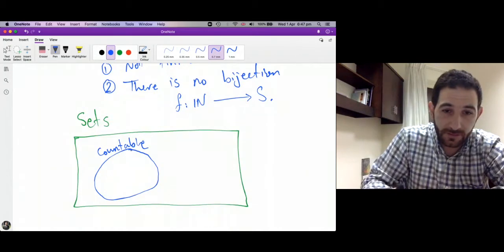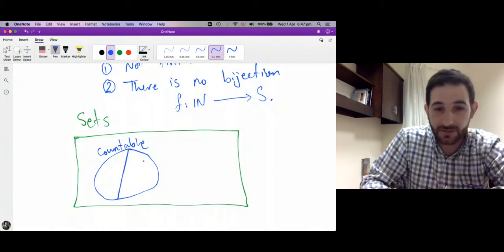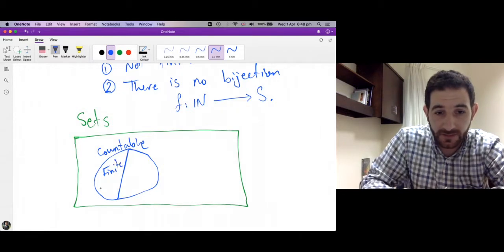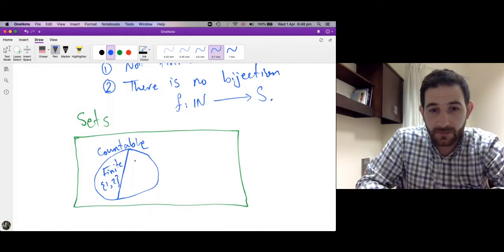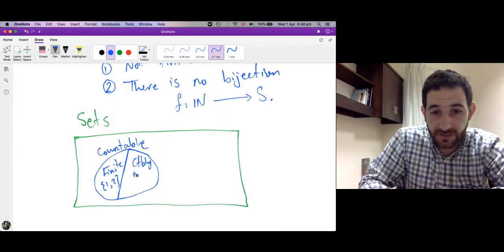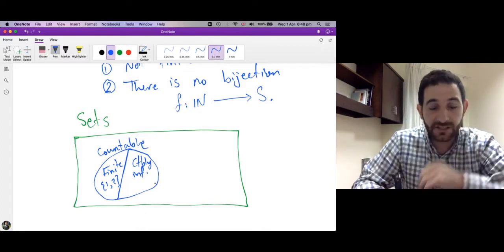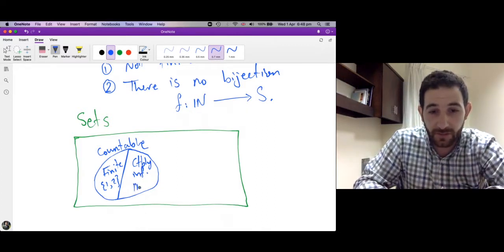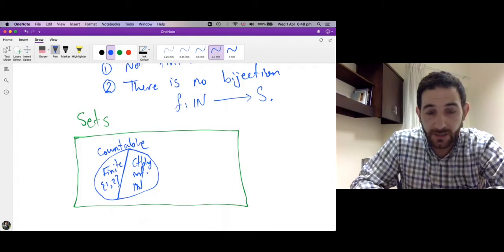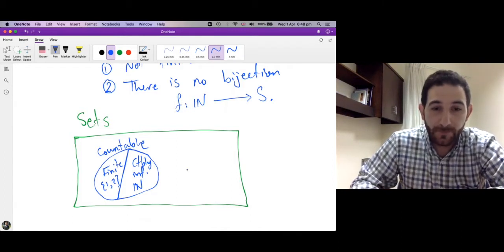So here the countable sets are divided into two parts: the finite sets, for example the set containing 1 and 2, and the countably infinite sets, which are sets that have a bijection with the natural numbers. In particular, the natural numbers have a bijection with themselves.